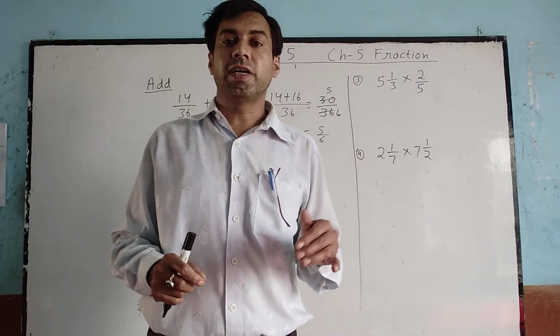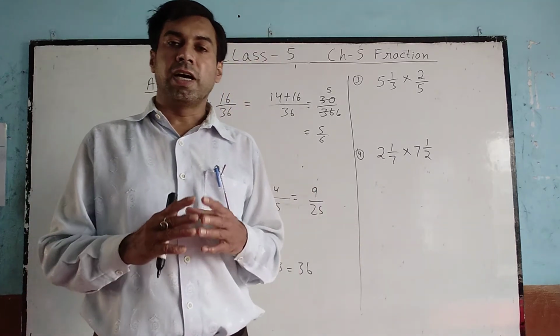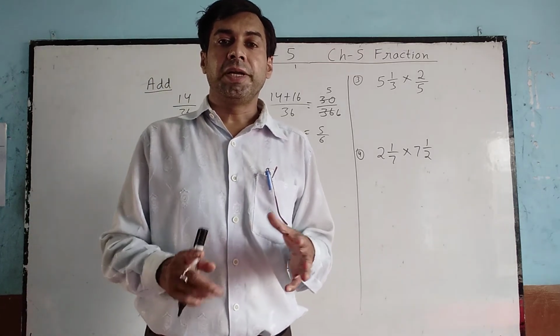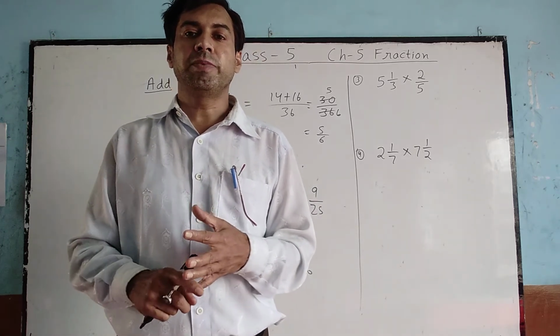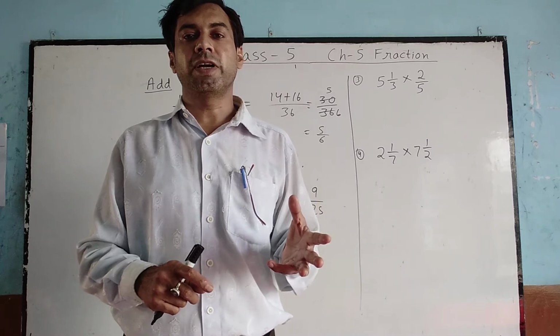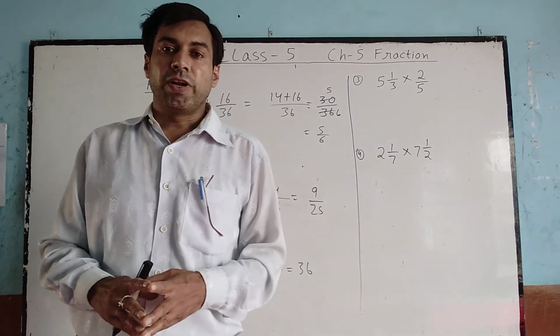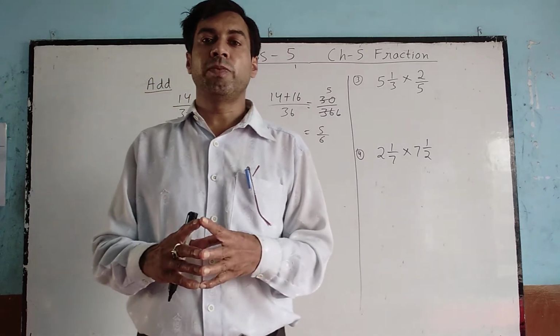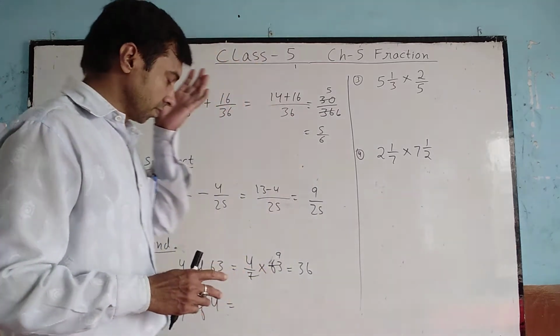In this way we convert our mixed fraction into an improper fraction. Always remember, an improper fraction can be converted into a mixed fraction, and a mixed fraction can be converted into an improper fraction. What is an improper fraction, students? A fraction whose numerator is greater than the denominator.